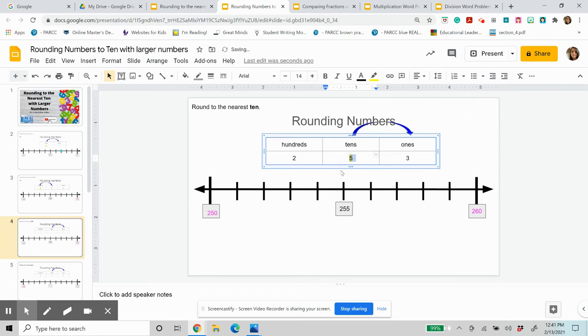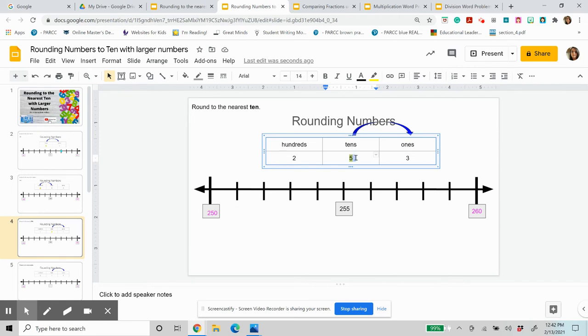With 253, we want to know which 10 it is closer to. We're not getting out of the 200s. Notice the 2 didn't change. But the 10s digit gave me 50, so it would be 250 or 260.